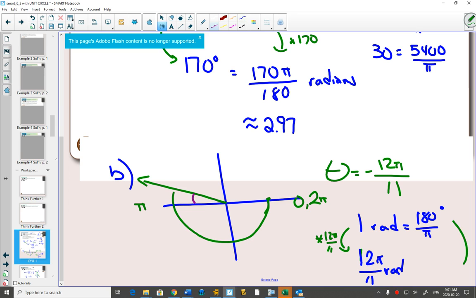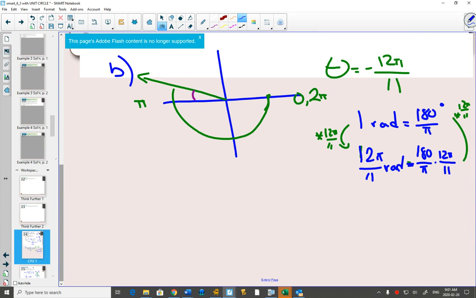I'd have to multiply this side too by 12 pi over 11. So I'm going to write that out right now. 180 over pi multiplied by 12 pi over 11. And when simplifying this, can you see that the pi's are going to cancel out? And so on the top, I'm going to get 12 times 180 over 11.